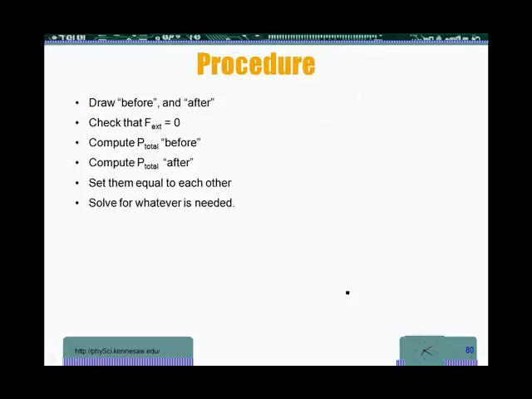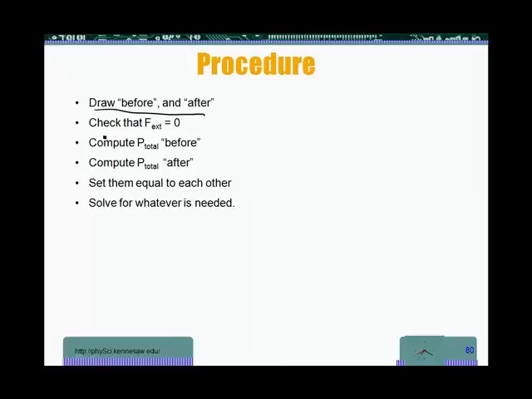Now, whenever we have to solve a problem involving momentum, first, how do we determine if a problem involves momentum? Usually, when you have more than one object interacting, where we can identify a before and after situation. One good thing to do is to make a drawing of what's happening before and after.